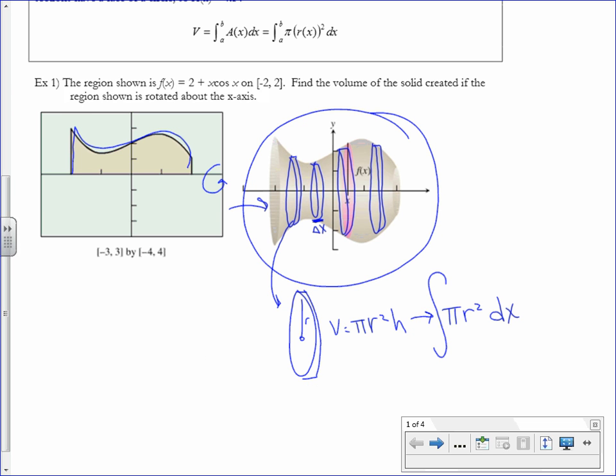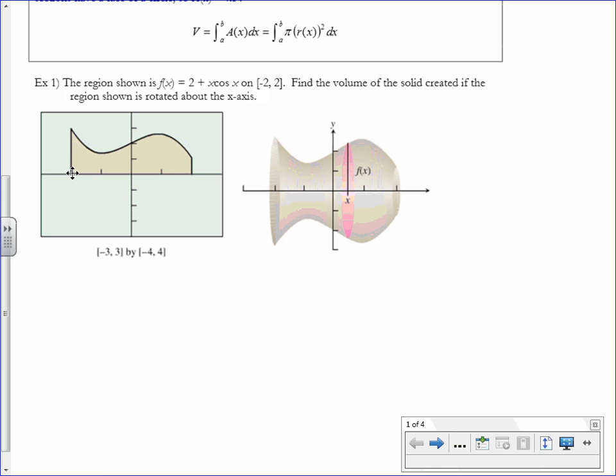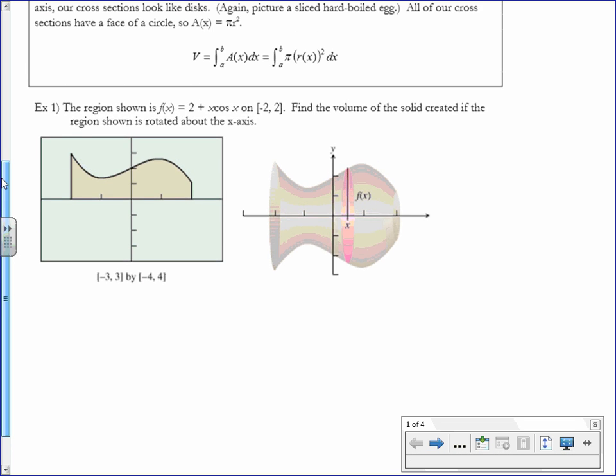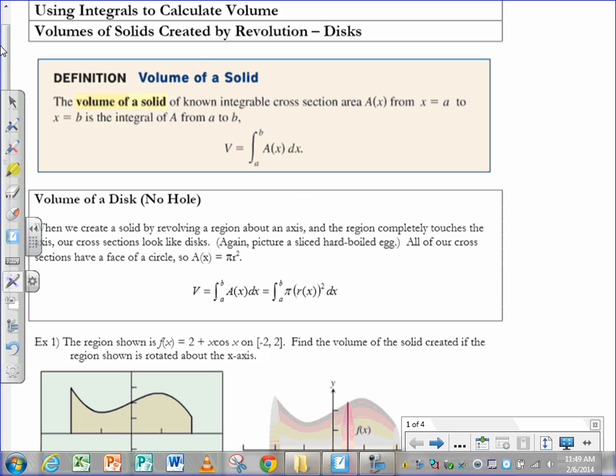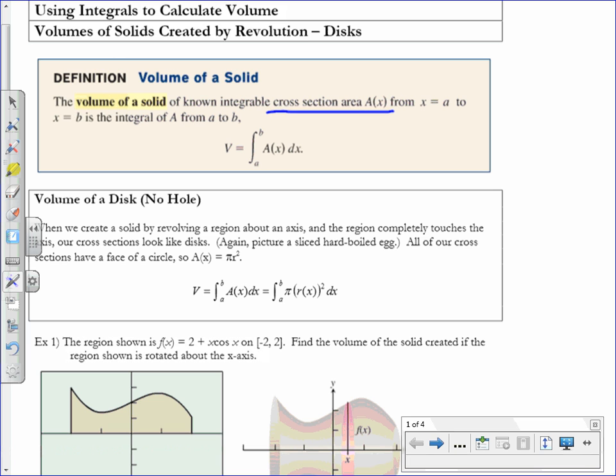So if I quickly erase all this, we'll come back to it in a moment. The volume of a solid with known integrable cross-section area A of x sounds really complicated.